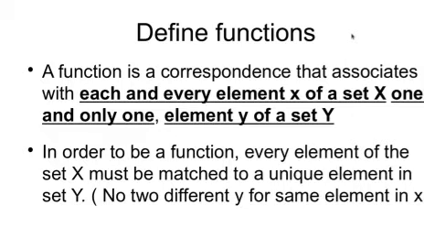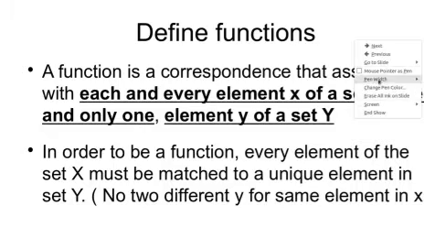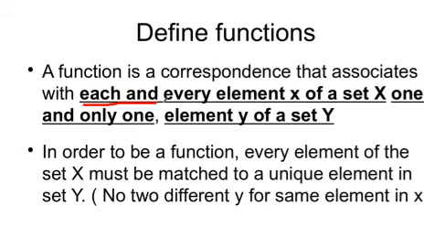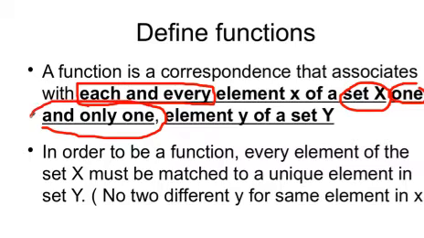What this means is that each and every element, remember this, no element is left behind. All the elements in set X. What is set X? We usually define set X as the domain. So each and every element of set X maps to one and only one element y of set Y.